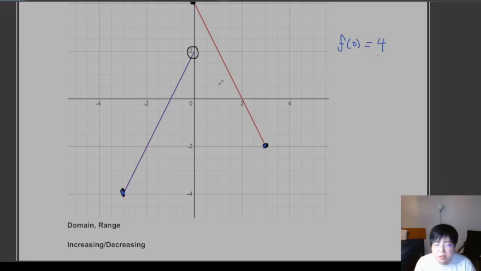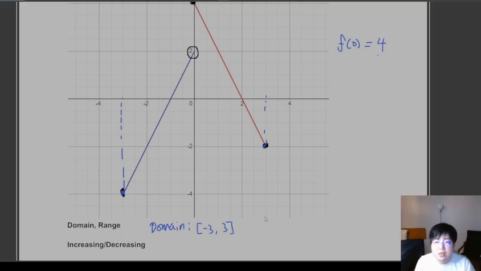In this case, the far left point the function can reach is when x is -3, and the far right point is positive 3. So I can say the domain of this function is negative 3 to 3 inclusive. I include the negative 3 and include the positive 3.